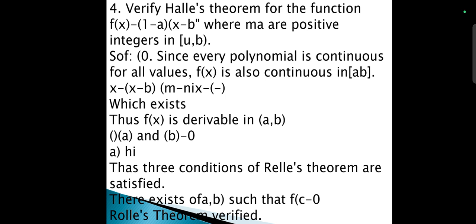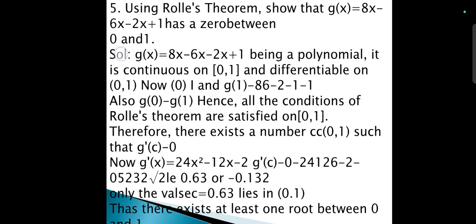It also exists that f of x is derivable in a comma b. Thus the three conditions of Rolle's theorem are satisfied. There exists c such that f dash c is equal to 0. Rolle's theorem is verified.